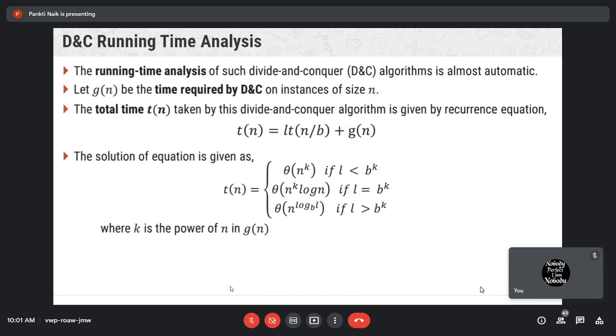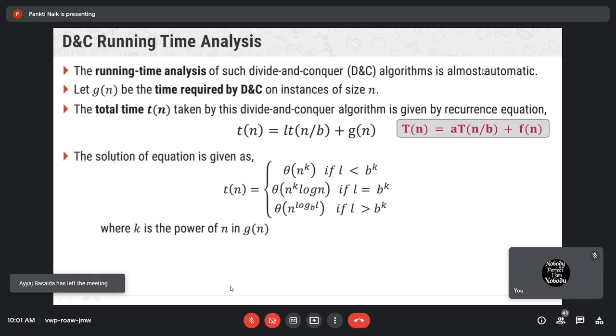Okay, so right now we just go through this. Okay, so this is the equation for the master theorem, which is taught by Kushal sir.